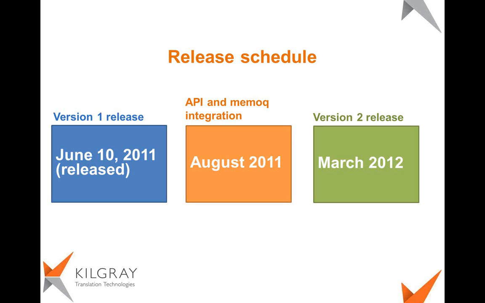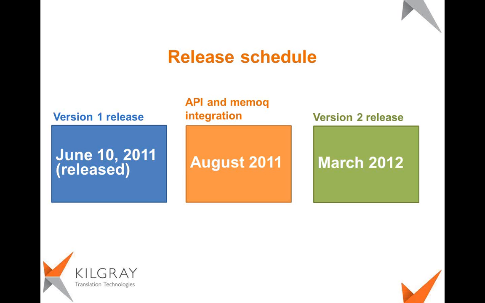Because the licensing copy protection is not in place so far, we need you to sign a declaration that you won't distribute the setup package, and you will duly uninstall it if you decide not to purchase. And the API and MemoQ integration comes in August, and version 2, incorporating a lot of feedback coming from users, is due early next year.